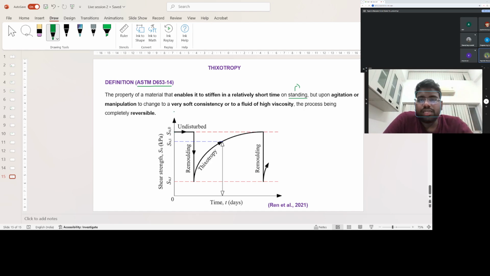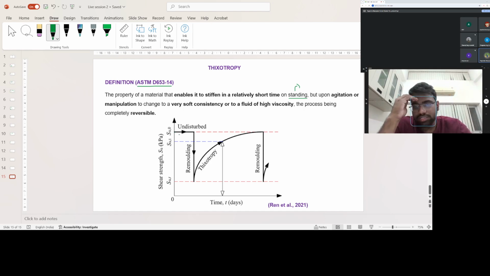Now this entire sentence can be visualized in the form of a graph. If you see this graph, the x-axis is time and the y-axis is its strength, that is shear strength. There are 4 stages being shown here.